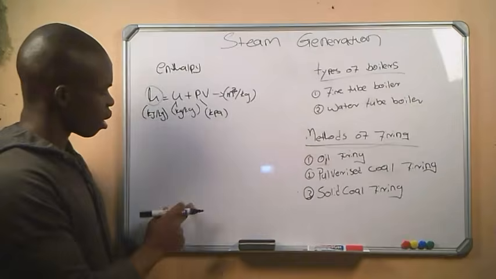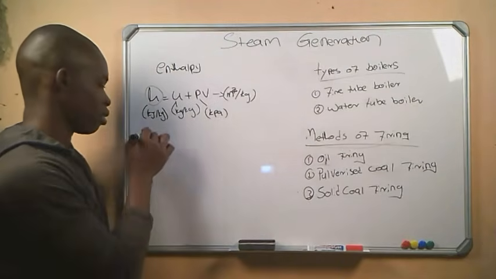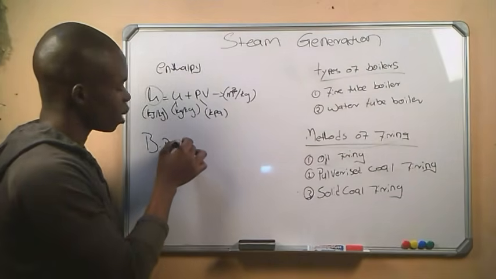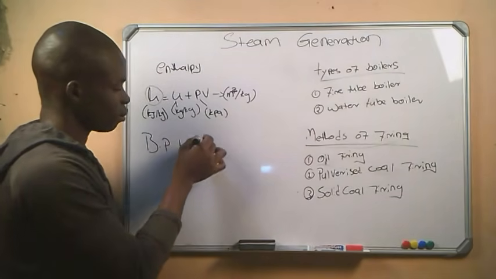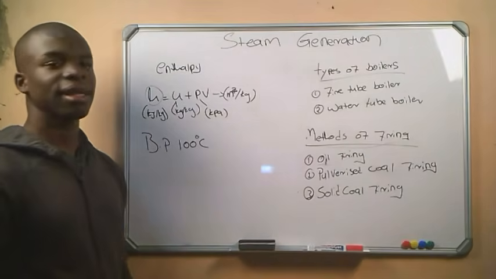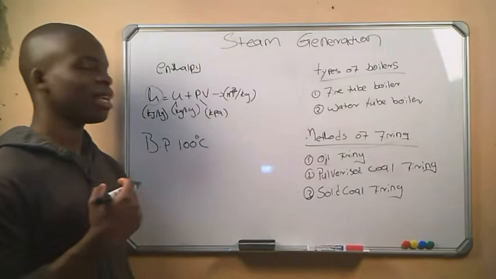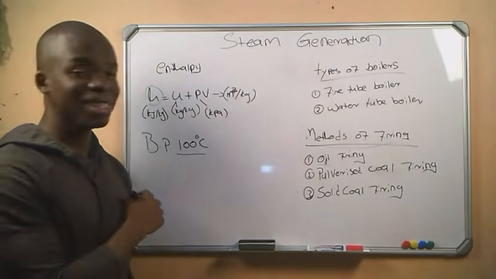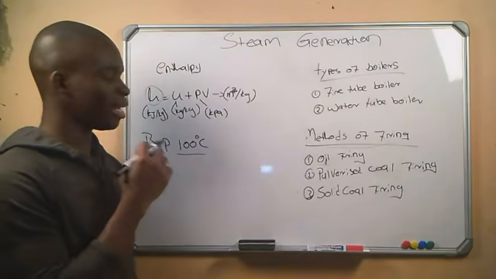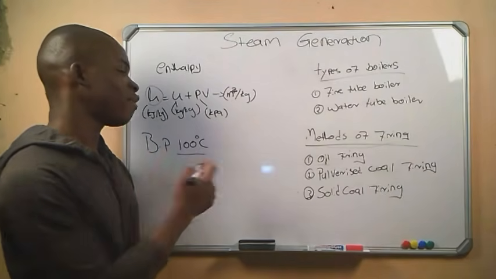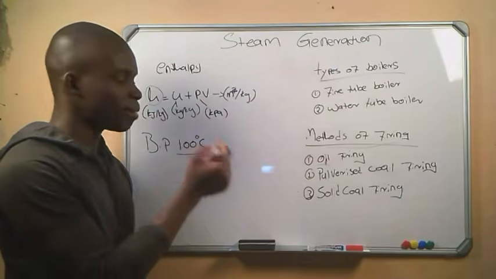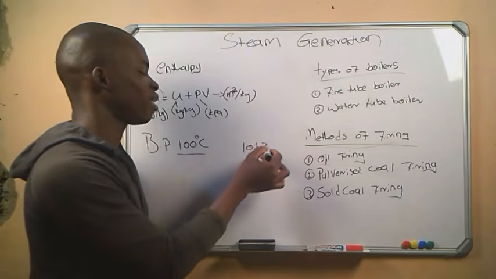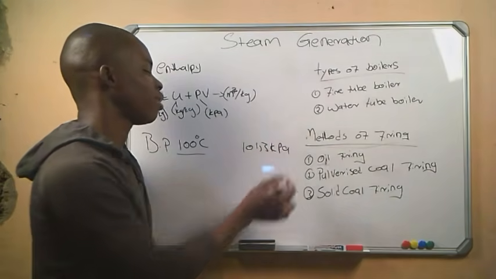Now we know that the boiling point of water is 100 degrees Celsius, this is what we were told. But what we do not know is that the boiling point of water is only 100 degrees if the water is subjected to a pressure of 101.3 kilopascal.